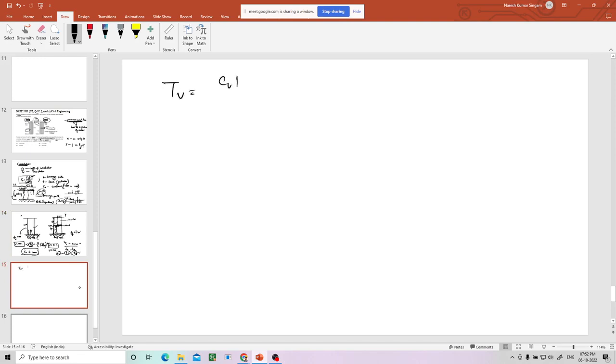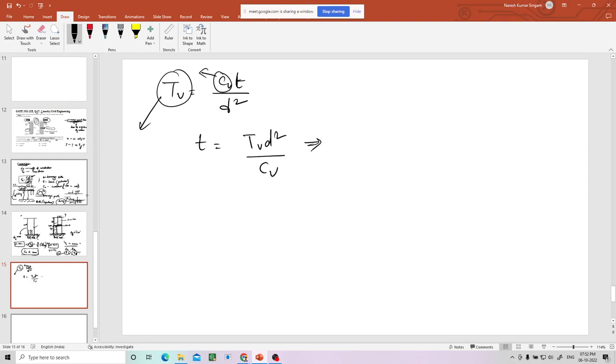Also Cv is same, because the same clay is undergoing consolidation. Tv equal to Cv t by d square. This is the formula. So Tv is constant and Cv is constant for both. Now t equal to Tv d square by Cv. If this is constant for both soils, t is proportional to d square.